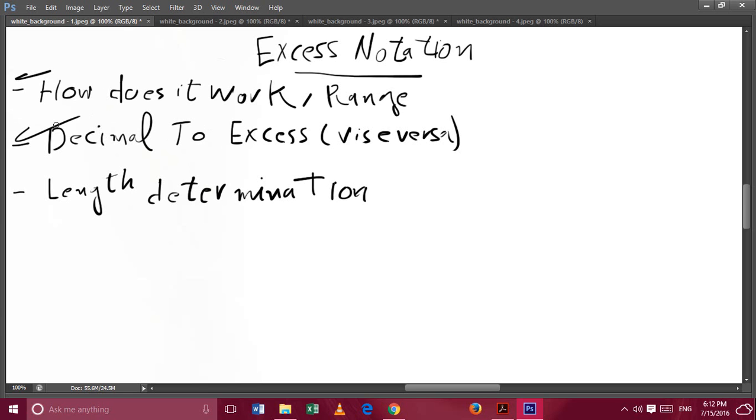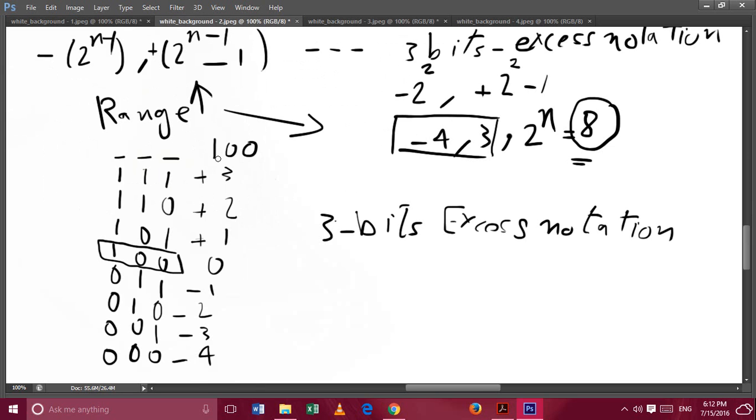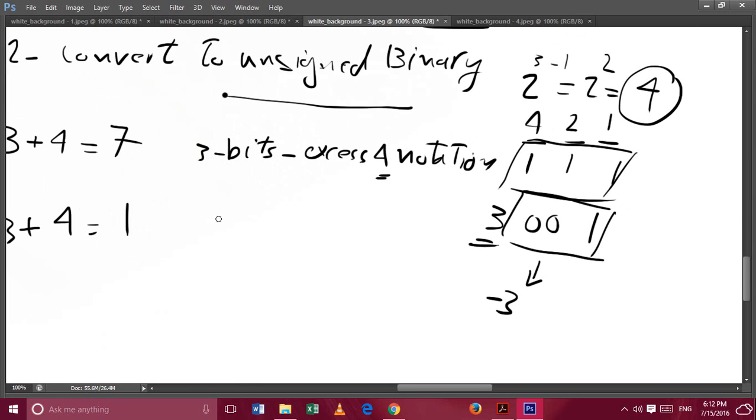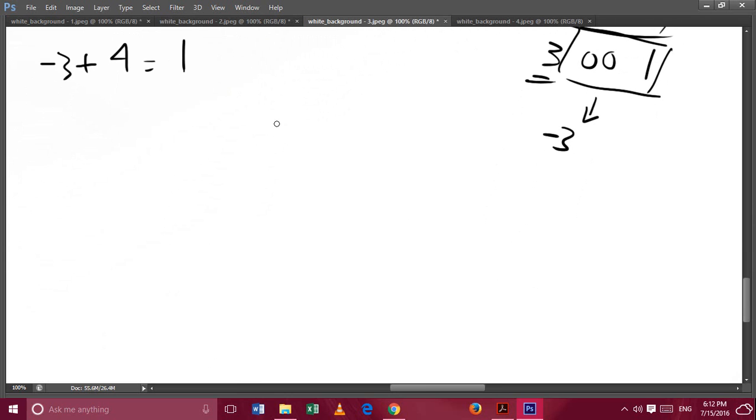Decimal to excess. We just need to do the opposite now, which is convert the excess to decimal. We are going to follow a 2-steps algorithm, which will be exactly the opposite of the previous algorithm, right?